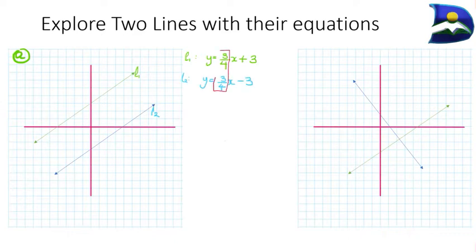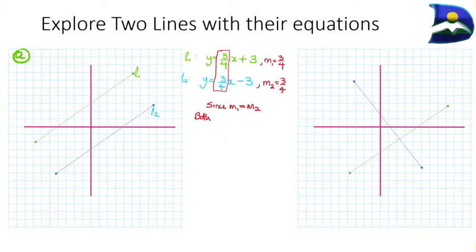What we see is that there is a commonality between line 1 and line 2. It is related to the slope, and the slopes are the same. Once we recognize that the slopes are the same, we conclude that these lines are parallel to each other.